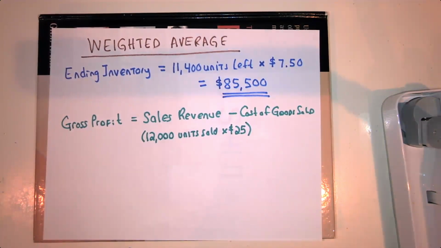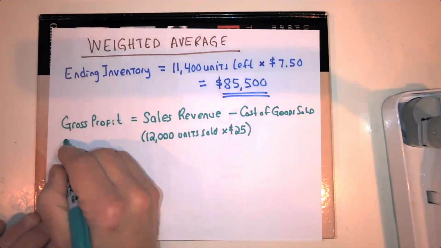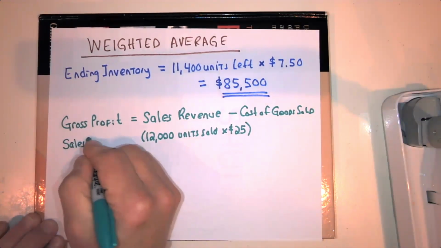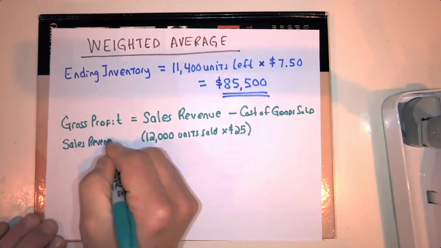Chris, how would you calculate your cost of goods sold? Using the weighted average method, how are we going to come up with our cost of goods sold? So I know the basic principle, I just can't do it at the moment.